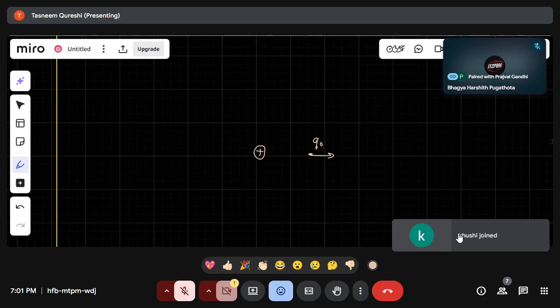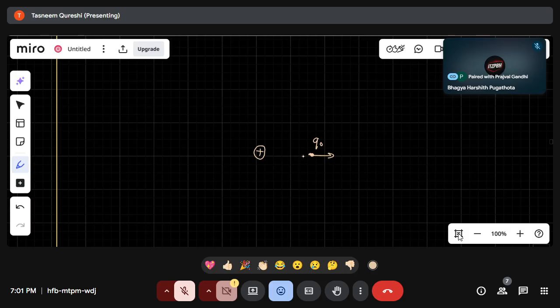Okay, so Khushi, if this is a charge and a test charge is placed in front of it, this positive charge will repel the test charge. If you keep the test charge here, it will also repel. If you keep it above, it will also repel.